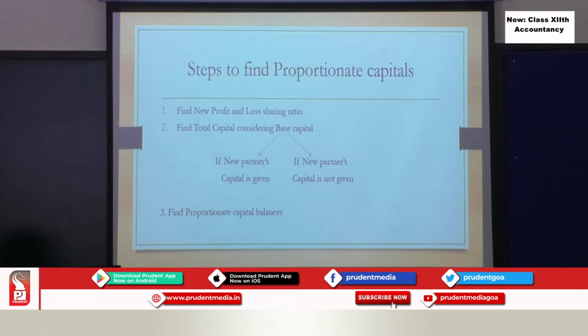First, you will find out the new profit and loss sharing ratio if it is not given in the question. You have learned that there are three methods to calculate the new profit and loss sharing ratio. You can calculate it using method 1, method 2 and method 3. These methods depend upon the information given to you.